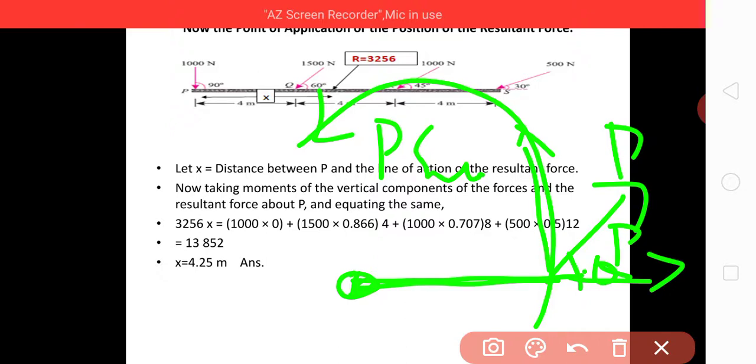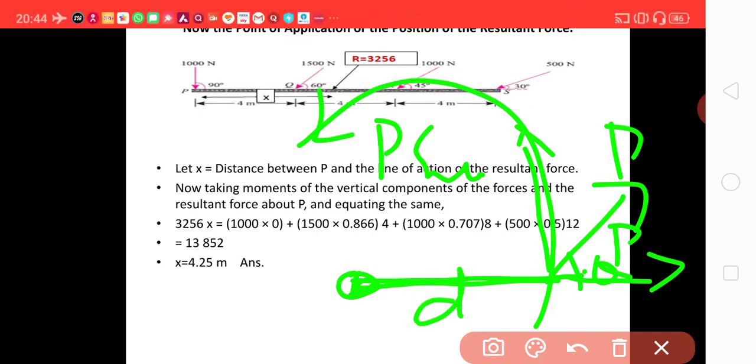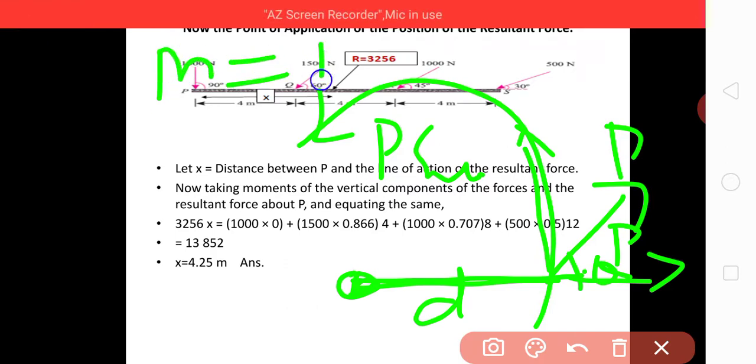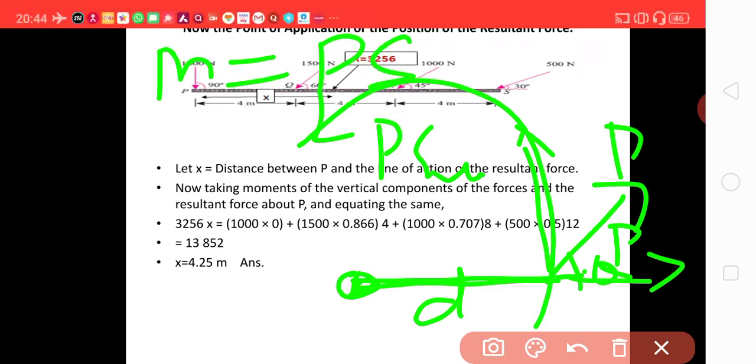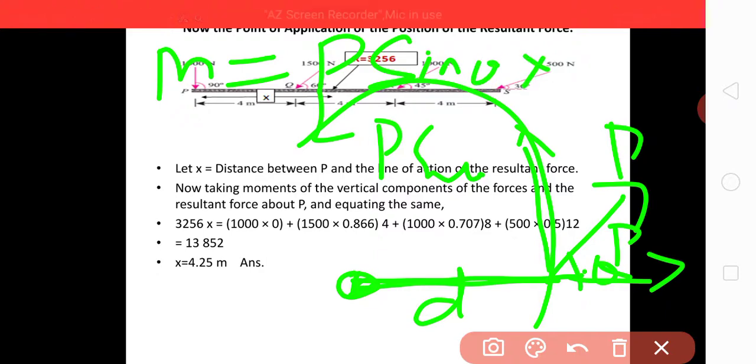Now, there are two ways to find out the moment. This is a distance d, then we can say M equal to P sin theta into d.